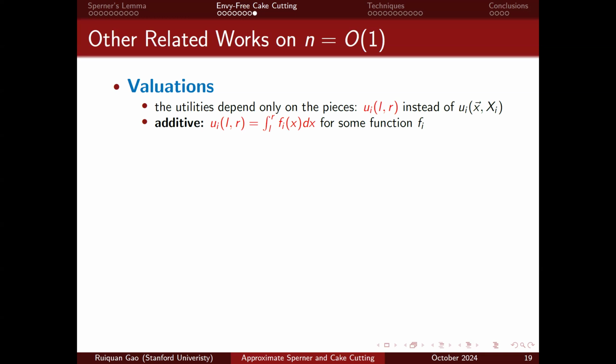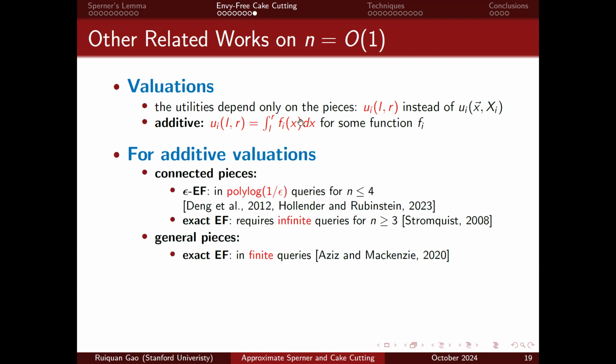We say a valuation is additive if the utility function is an additive function. For additive valuations, previous works have shown algorithms that find an epsilon approximately n-way free k-cut with connected pieces with polylog 1 over epsilon queries for 4 agents. Also, it is impossible to find the exact n-way free k-cut with connected pieces using a finite number of queries if there are 3 or more agents.